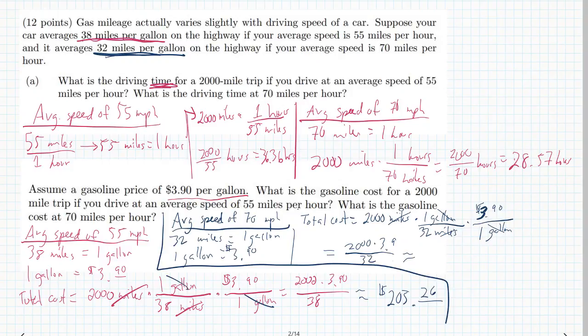Okay, so if we go 2,000 times 3.9 divided by 32 in the calculator, we get $243.75. So while you'll save 8 hours, it'll cost you about an extra 40 bucks at the end of the day.